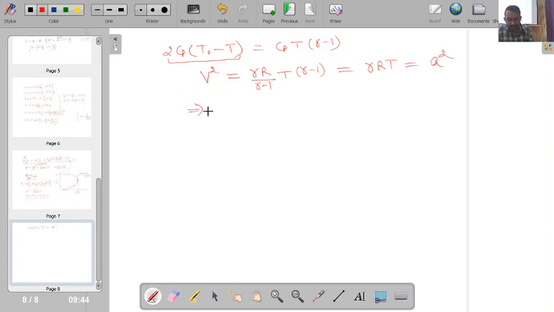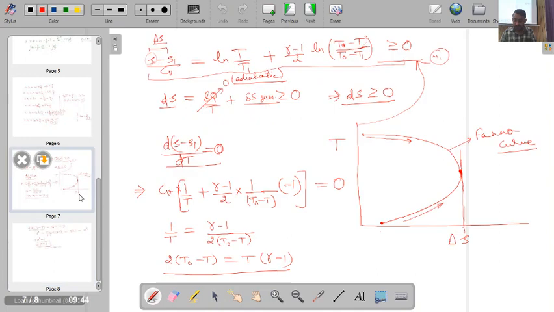So from here I am getting Mach number square equal to 1, or ultimately Mach number equal to 1. So it means that corresponding to the point of maximum entropy, our Mach number has to be equal to 1. Up to this point, is it clear?